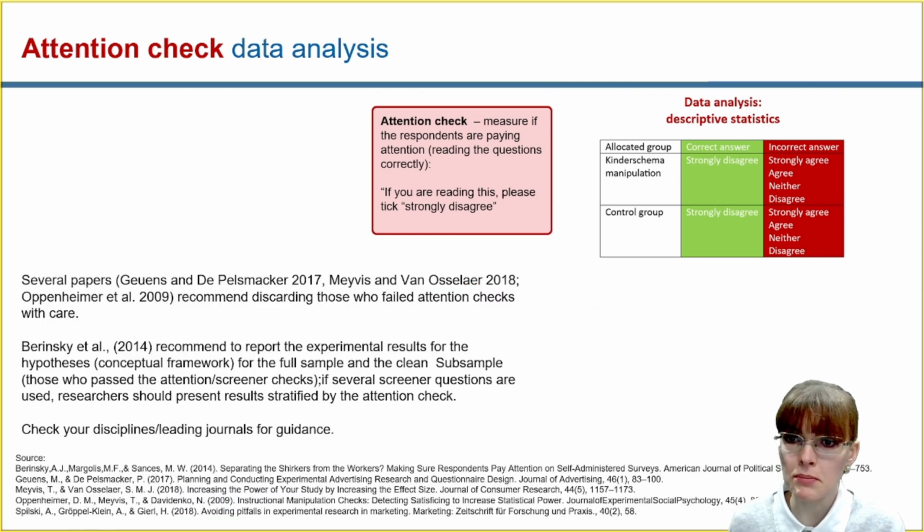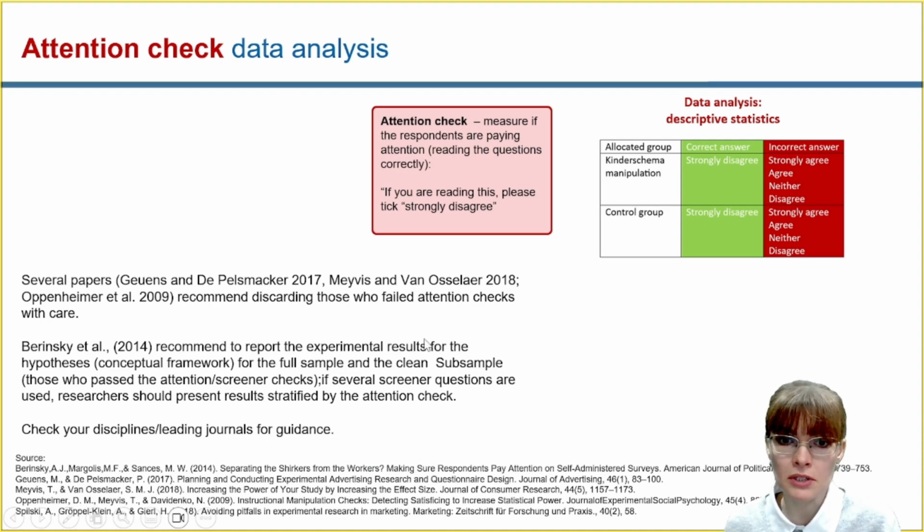However, several papers such as by Geuens and de Pelsmacker, Mayavis and Van Osselea and Oppenheimer recommend discarding people who fail the attention check with a lot of care. Berinsky in 2014 work actually recommends researchers to test their hypothesis, in other words, their main conceptual framework, using the full sample that has people who didn't meet the attention checks, and also on the clean subsample that has these people removed to see what is going on.